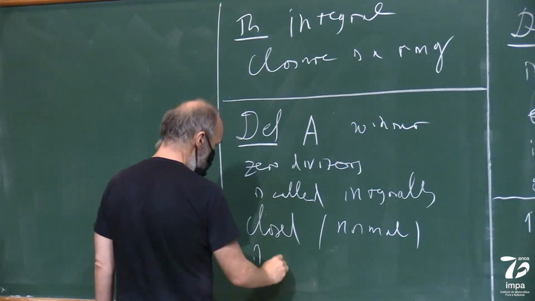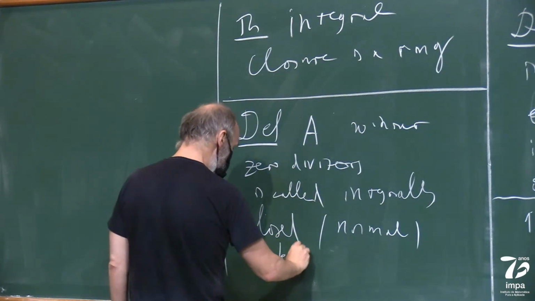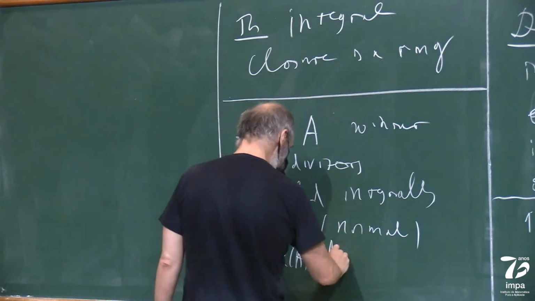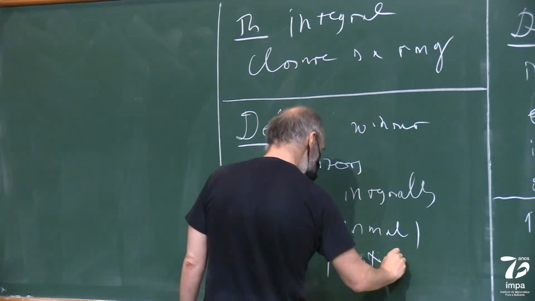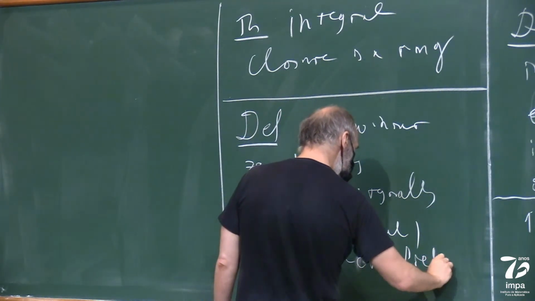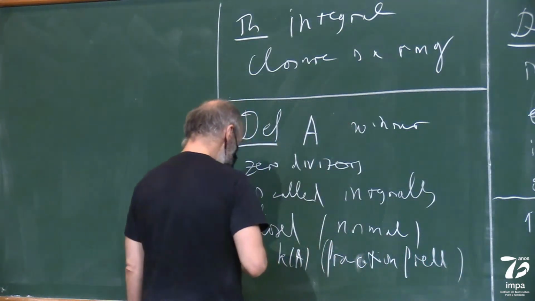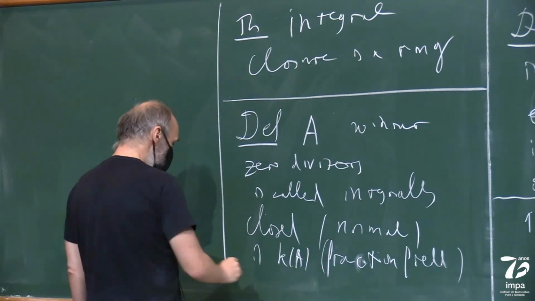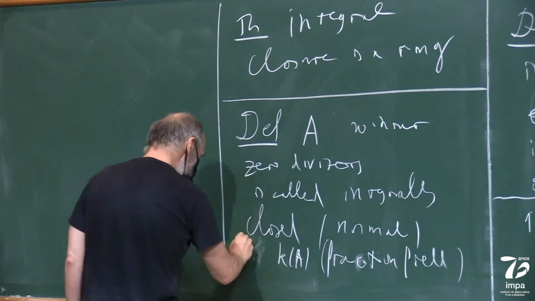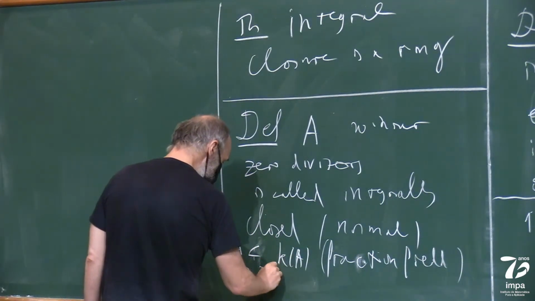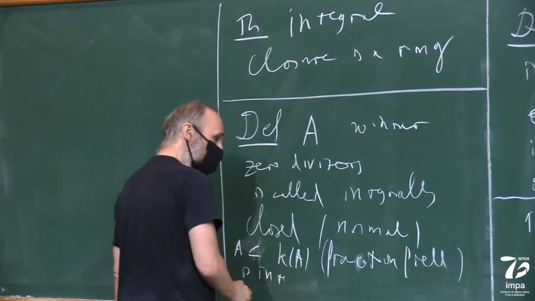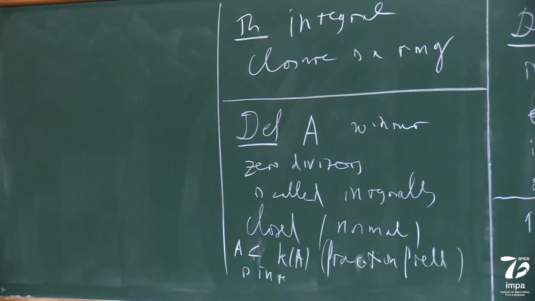If A inside this fraction field K of A is integrally closed, it is its own integral closure.